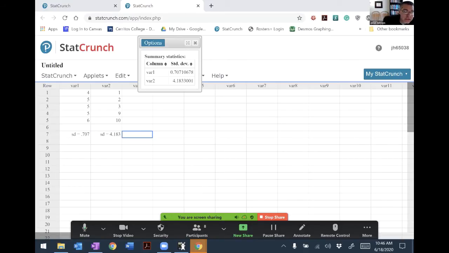Does it make sense that our first data set would have a smaller standard deviation, or be less spread out, than our second data set? Yes, it absolutely would make sense. Smaller standard deviation for our first data set, larger standard deviation for our second data set.